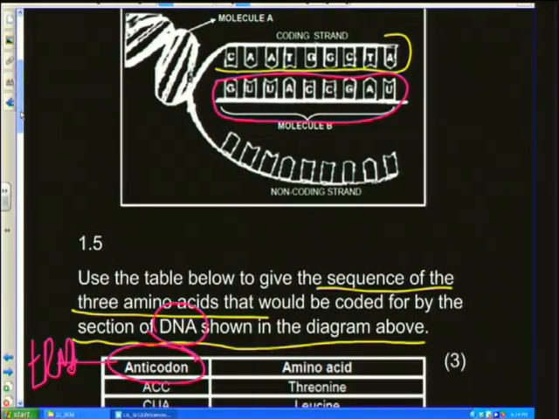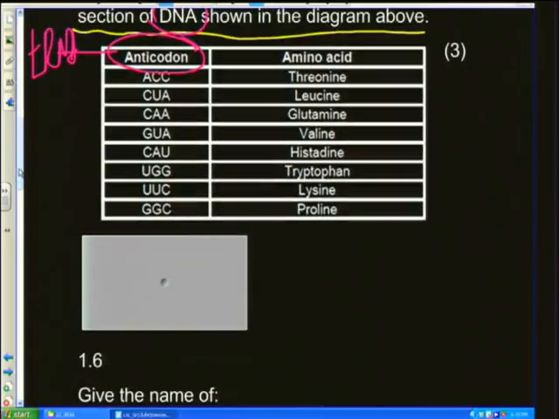In other words, as I told you before, you simply rewrite the DNA first. C, A, you will write the T, G, G, C, T, A. But we know that in transfer RNA, there is no T. So we have to take out the T there and replace it by U. Take that T out, U. So the first one is CAA. Go down to the table. CAA is this one here. So the first one is glutamine.